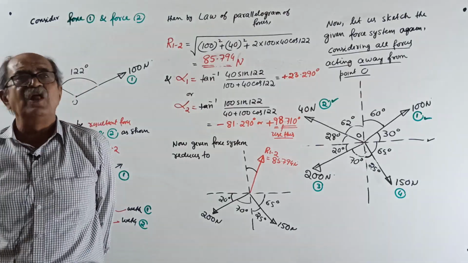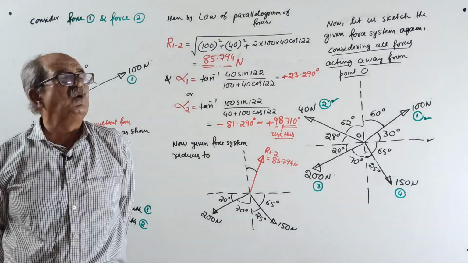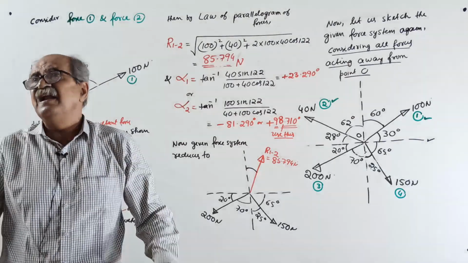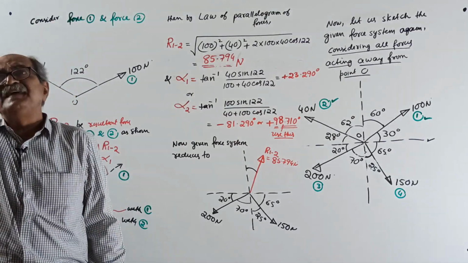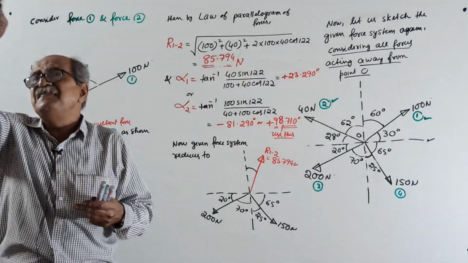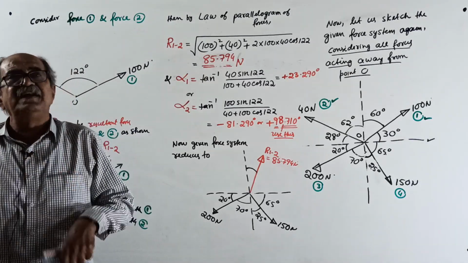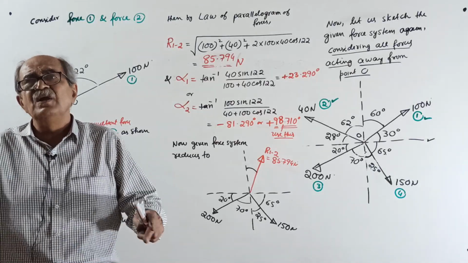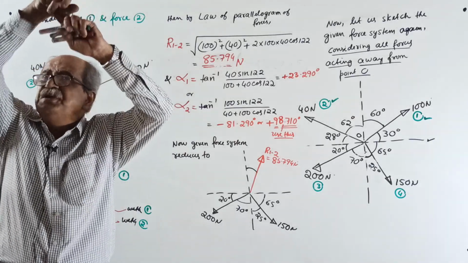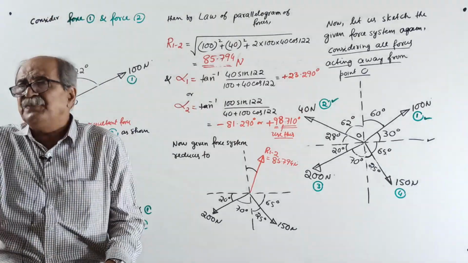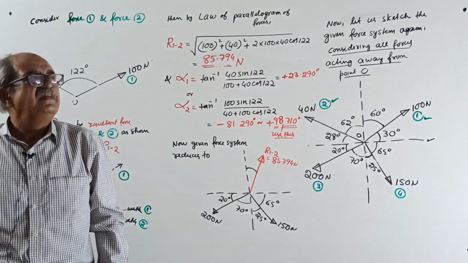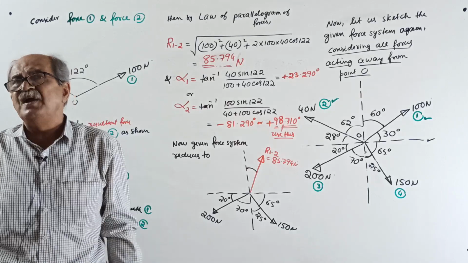Then write by the law of parallelogram of forces: R equals root of P1 square plus P2 square plus 2 P1 P2 cos theta, alpha 1 equals tan inverse of P2 sin theta divided by P1 plus P2 cos theta, alpha 2 equals tan inverse of P1 sin theta divided by P2 plus P1 cos theta. Tan alpha is the other force into sin theta divided by this force plus other force into cos theta. I told it fast because I have told it many times.